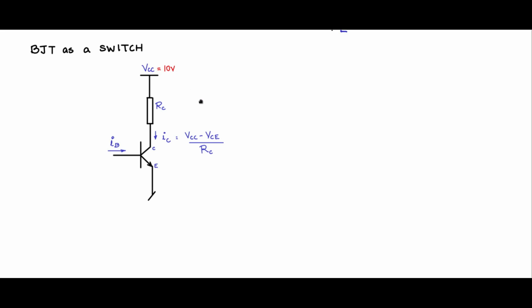So let us apply some 10 volts and let me inject 1 milliamp into the base, and let us say beta is 100. So then what is IC? IC from the BJT relationship is beta times IB. So that is equal to 100 into 1 milliamp, which is nothing but 100 milliamps or 0.1 amps.